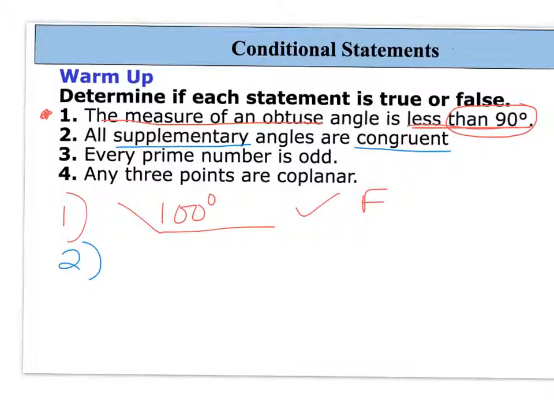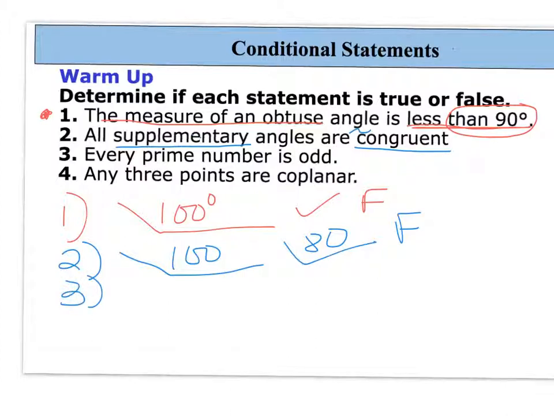Can we think of a counterexample, supplementary angles that are not congruent? Let's use that 100 again. We have 100 degrees, so the other angle would have to be 80 degrees. Those two angles are supplementary, but they're not congruent. So that statement's false.